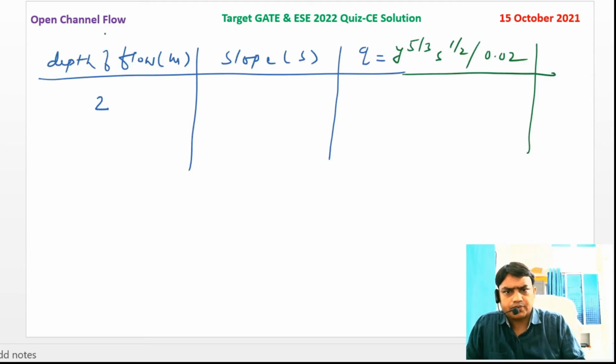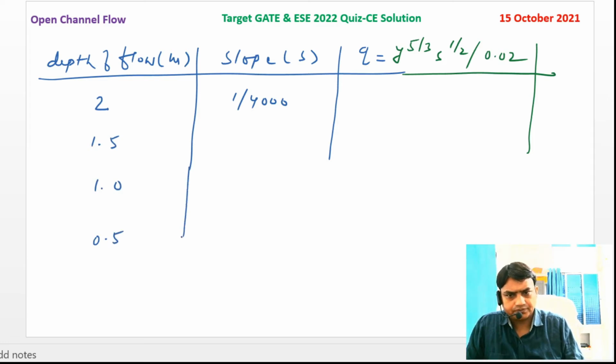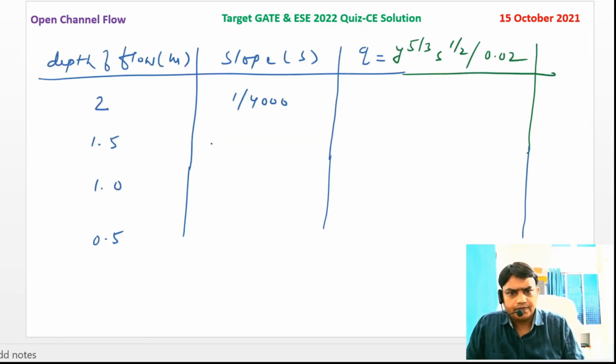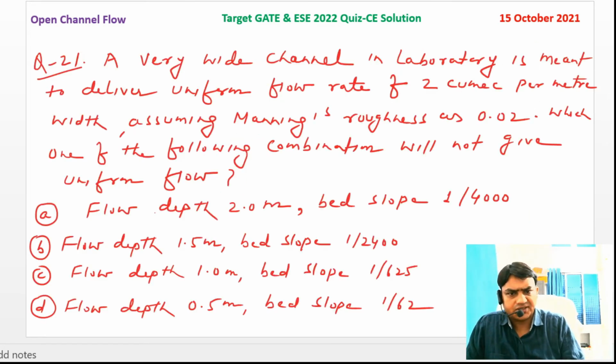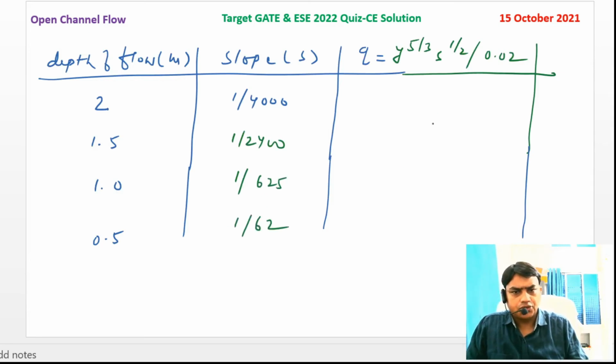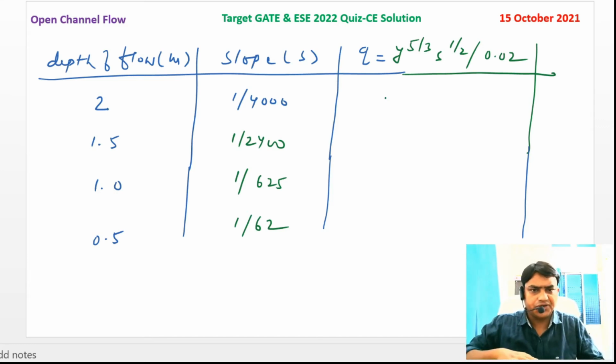Similarly, the depths are 1.5, 1 meter and 0.5 meter, and the slopes are 1 by 2400, 1 by 625 and 1 by 62. So we have to find the value of discharge per unit width.